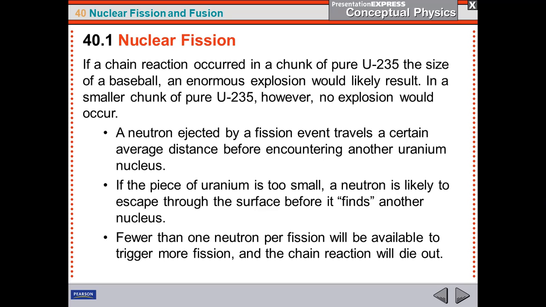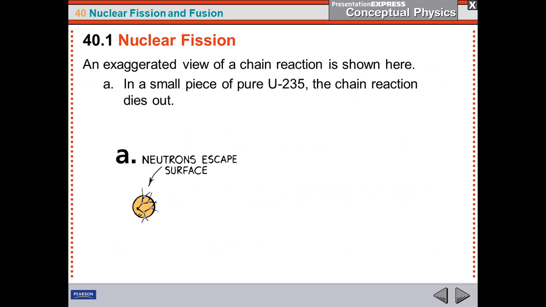So, if a chain reaction occurred in a chunk of pure uranium-235 the size of a baseball, an enormous explosion would likely result. In a smaller chunk of pure uranium-235, however, no explosion would occur. An exaggerated view of a chain reaction is shown here.